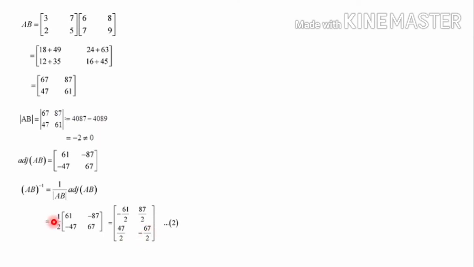There is a minus sign outside. This minus becomes plus, and here also minus becomes plus. The other two terms, positive sign becomes negative when negative is multiplied inside. This one we have to label as equation number 2. So from 1 and 2 we can conclude that AB the whole inverse is equal to B inverse A inverse.